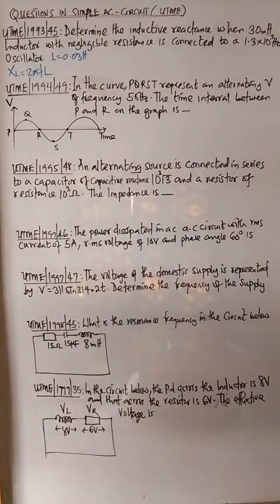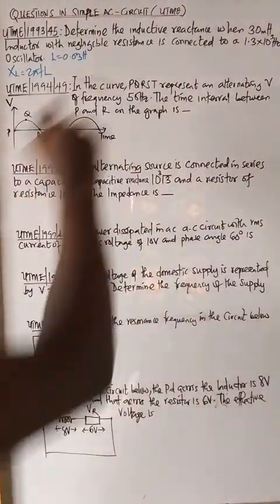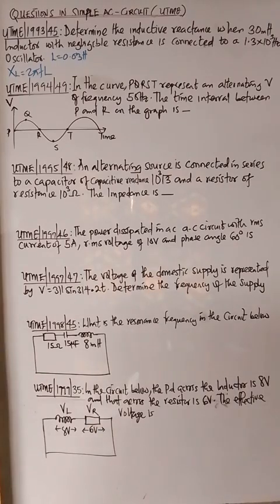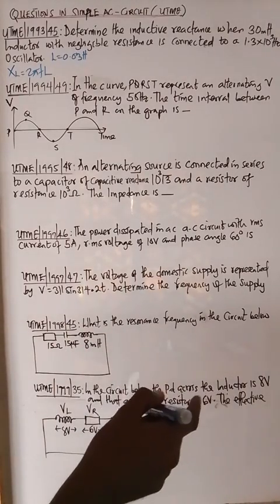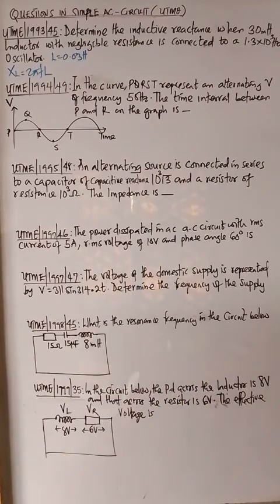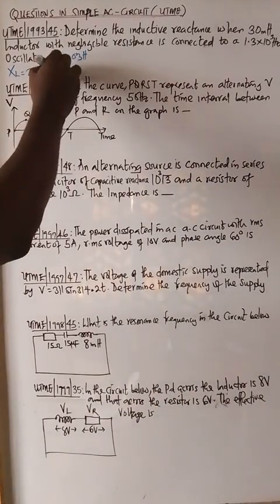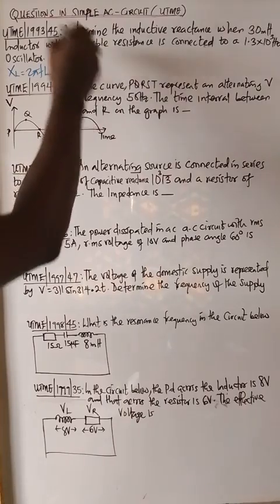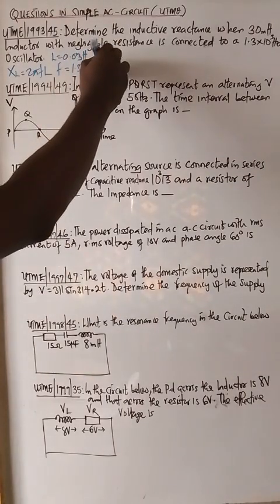With a negligible resistance, it is connected to a 1.3 times 10⁻³ Hertz oscillator. An oscillator produces what? Alternating current. So in that case, we are given frequency f equals 1.3 times 10⁻³ Hertz.